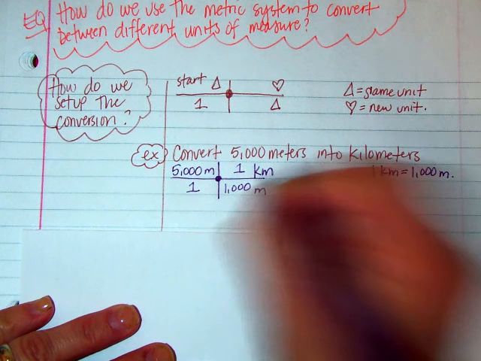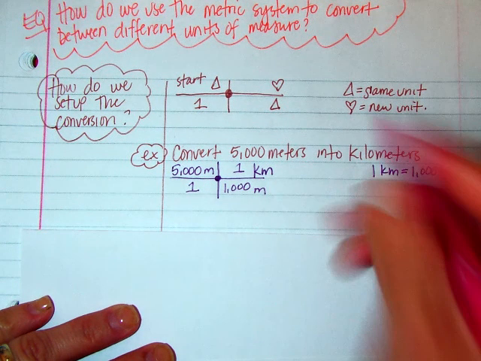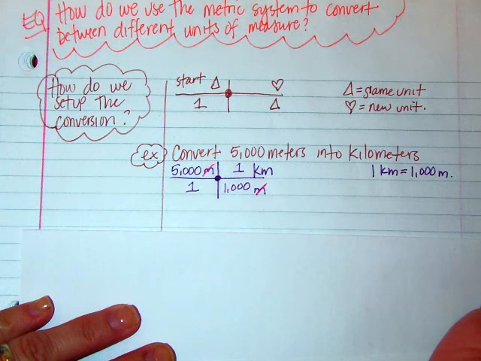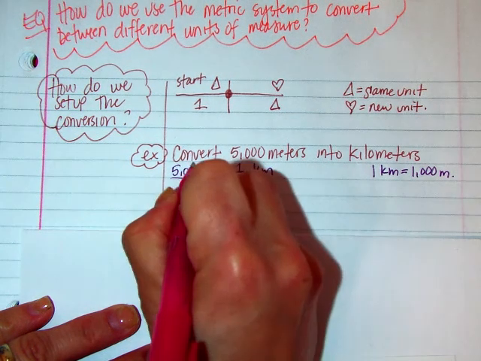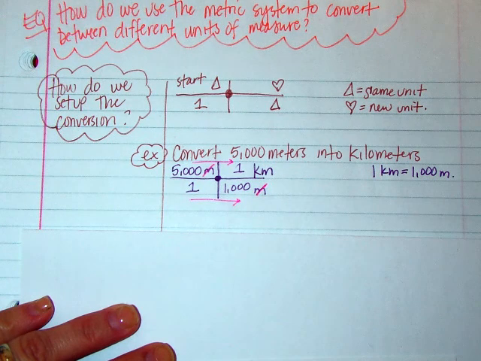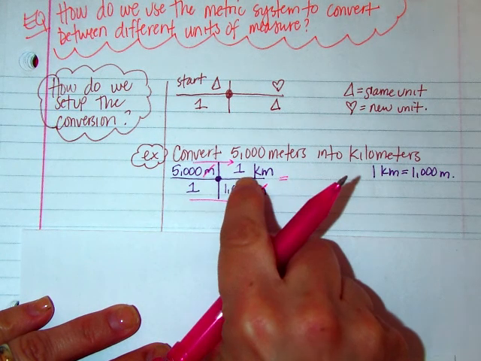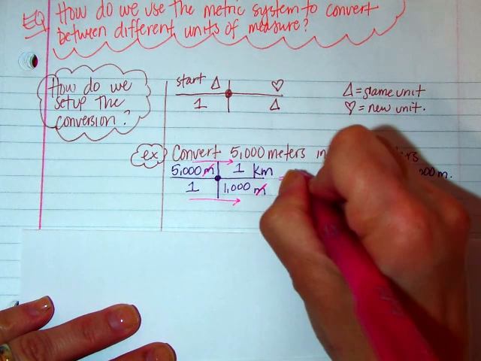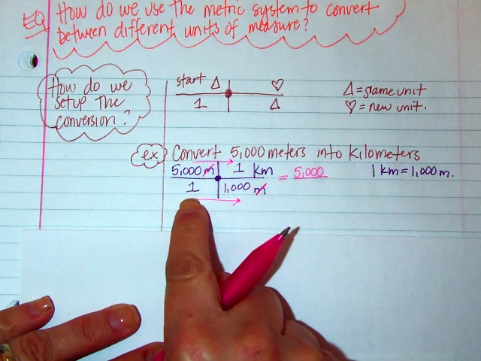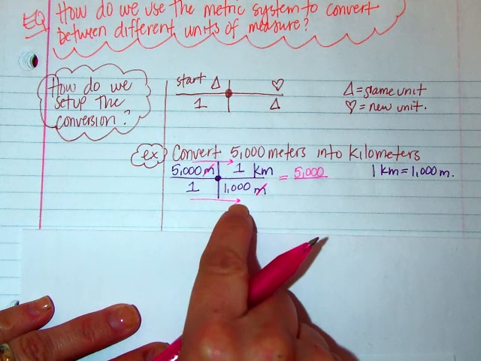Okay? Just like before, we're trying to eliminate meters, so now we can, and we are just multiplying straight through. So when you multiply here, 5,000 times 1 is going to give you 5,000. On the bottom, denominator, 1 times 1,000 will give you 1,000.